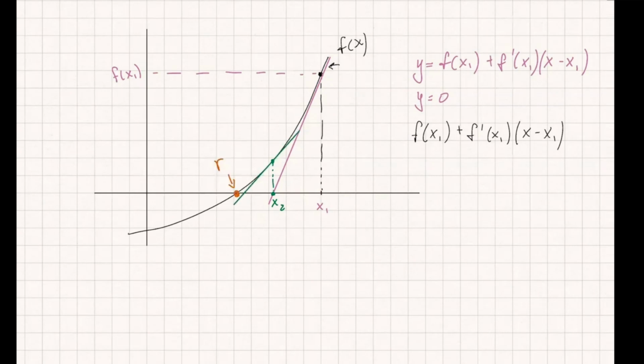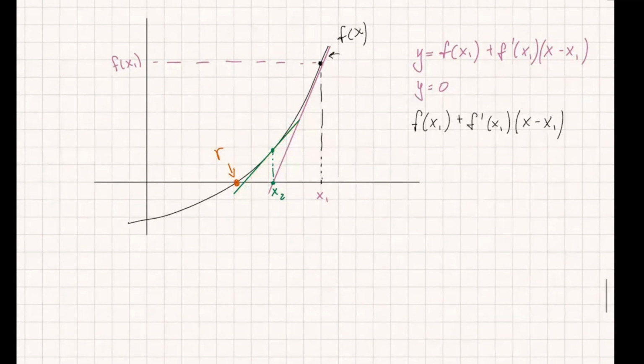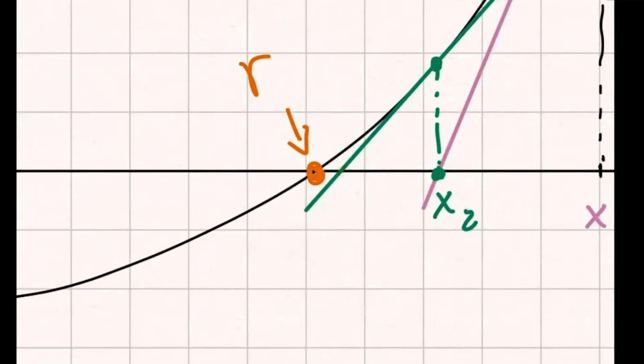So I draw this tangent line here, and again I need to find the equation of this tangent line, and my root happens, let me zoom in a little bit, my root happens here. So this is where my x3 will be, right? Right here, that's going to be the location of x3, where y is equal to 0 for this green line.